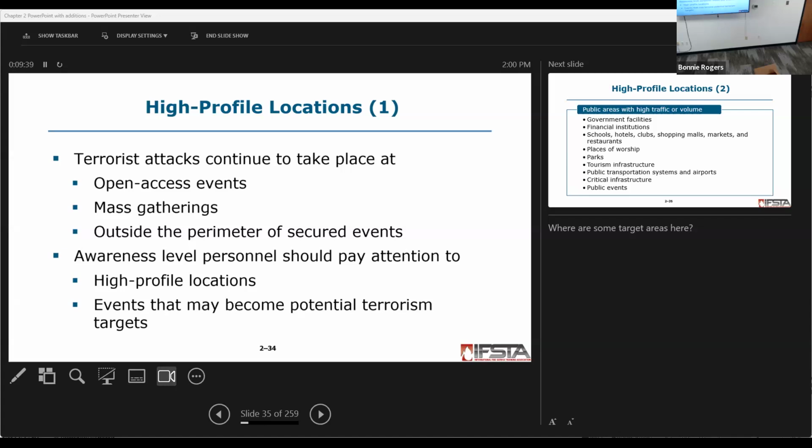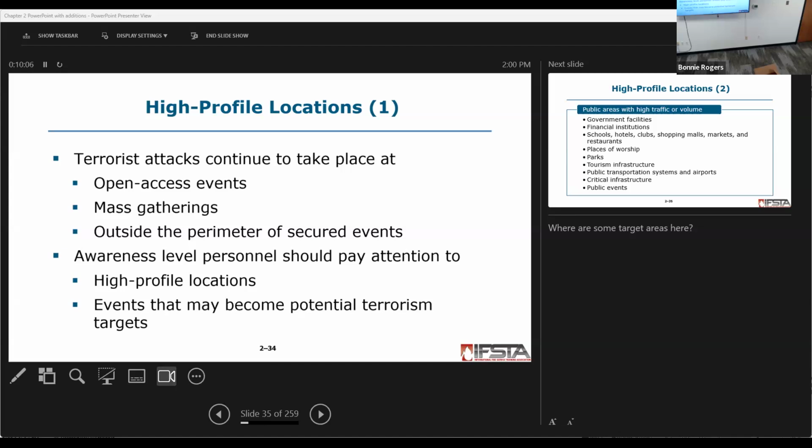High profile locations: the nuclear sites. Oh, that would be a big problem. The hospital, yes, critical infrastructure. Federal building, maybe.